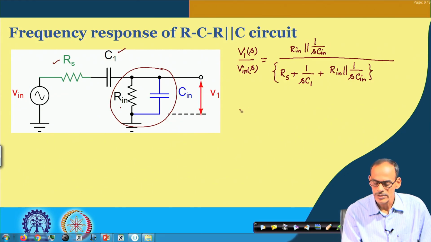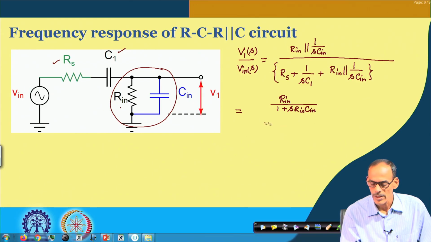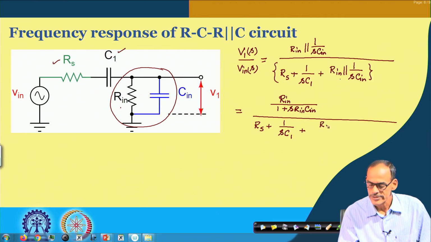Now, the numerator part you can further simplify, and you can see that this is R_in divided by 1 plus sR_inC_in, and in the denominator we do have R_S plus 1 by sC1 plus this part, which is the same R_in divided by 1 plus sR_in into C_in.